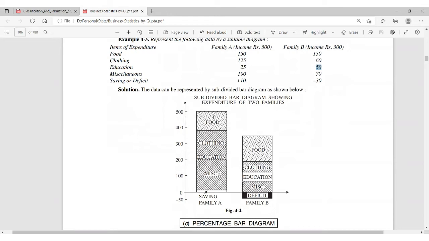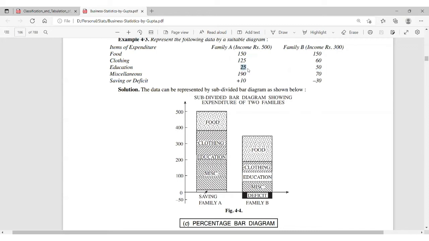For recognition, we shade this in some pattern. Then for clothing 125, from this point we count 125 below this line. In a similar way here, 60. We make a different shade to show that this is clothing. You can also write clothing.